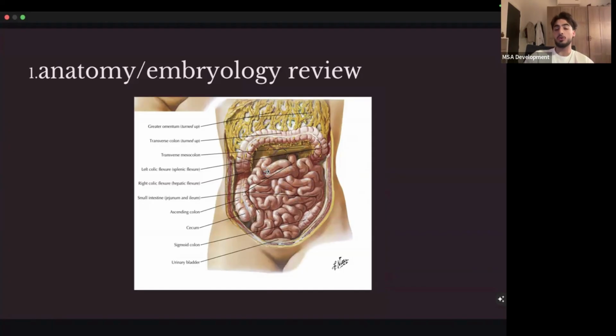Now, the reason I'm showing this picture is that a lot of your symptoms in GI are going to point to where exactly the problem is in the GI tract, purely based off of what sort of symptoms you have. So let's say, for example, we have some sort of obstruction or some sort of problem in the small intestines.